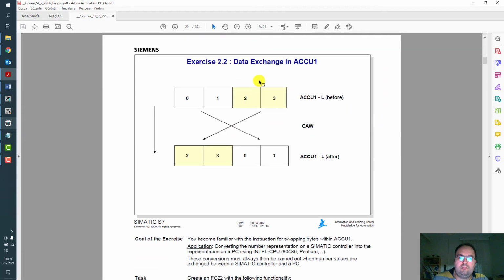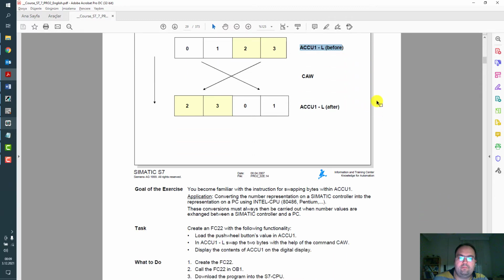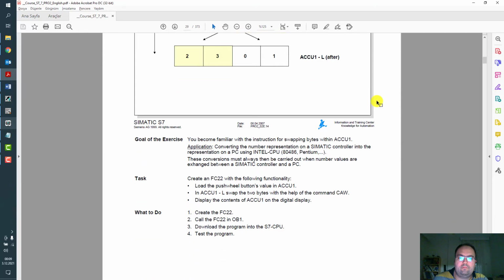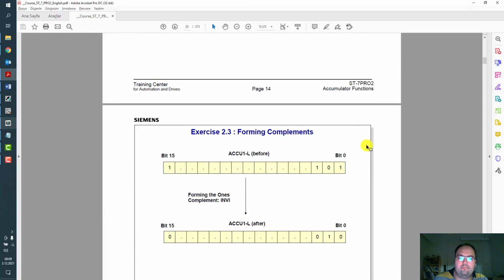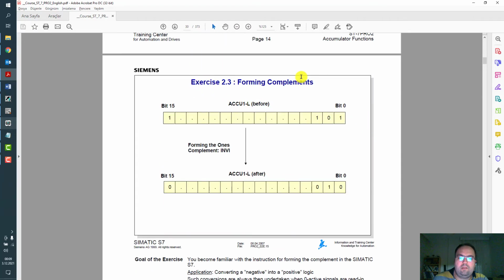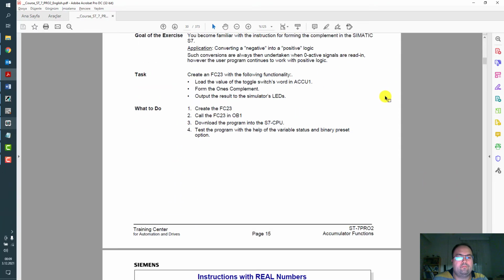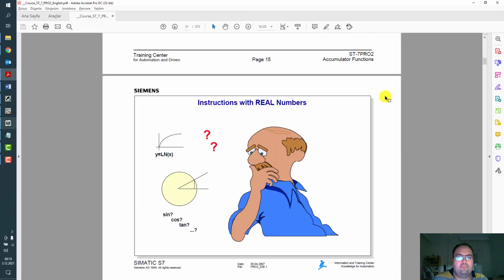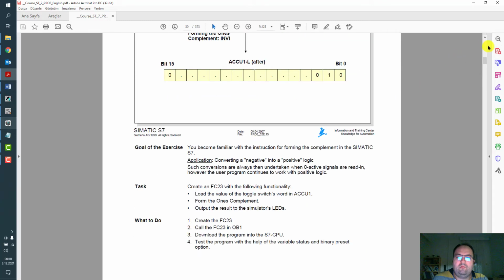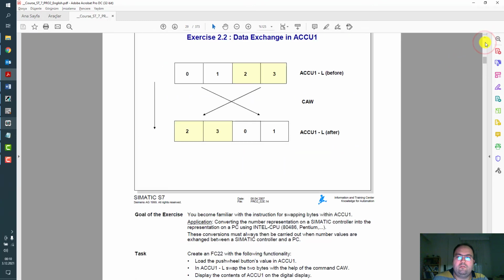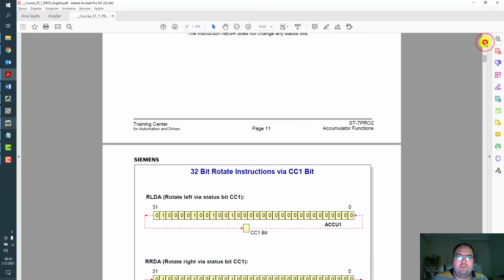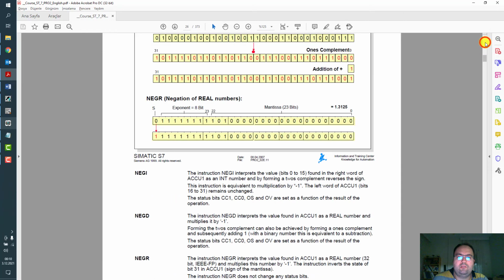And next exercise, data exchange in accumulator 1. Next exercise, forming the complements. And before we go to the next chapter, we can do some exercises and small program applications.